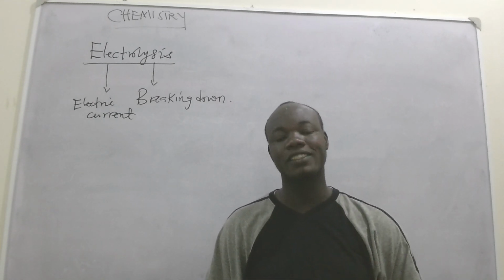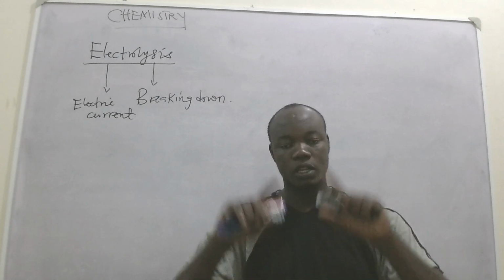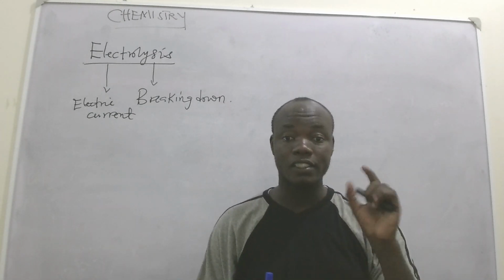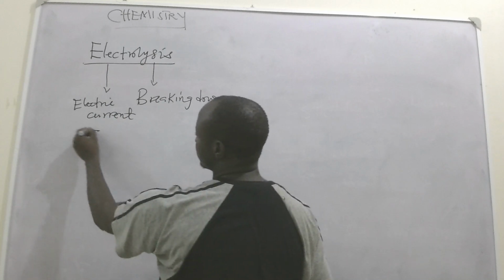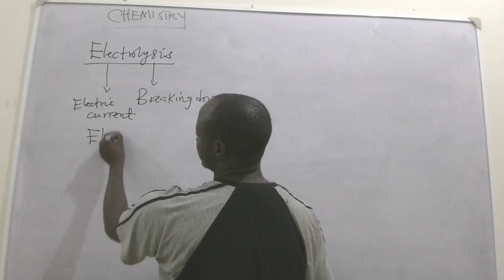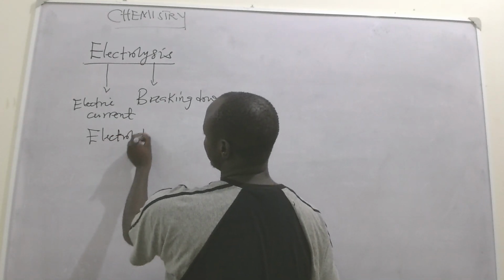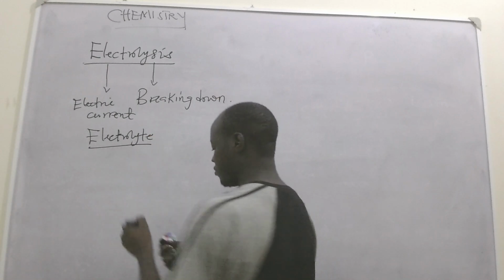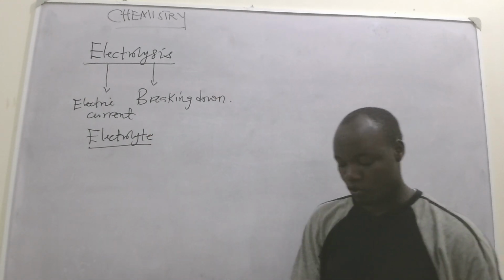What are the substances we actually break down in electrolysis? They are electrolytes. What is an electrolyte?